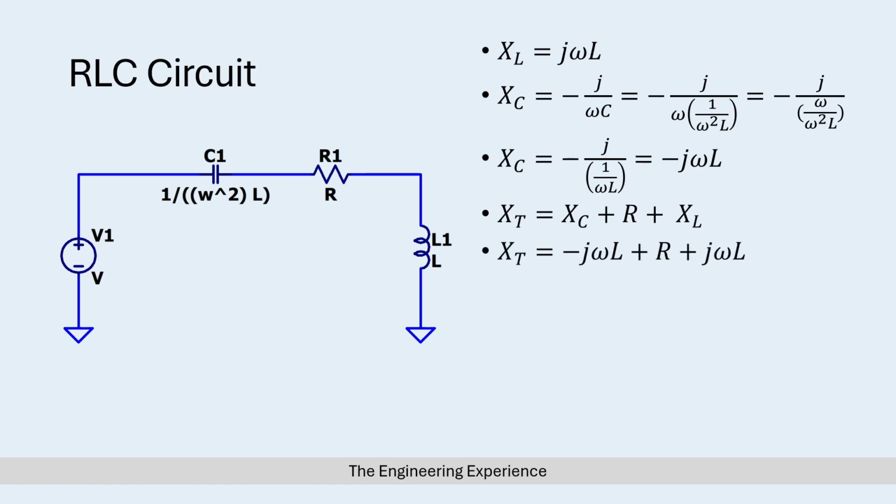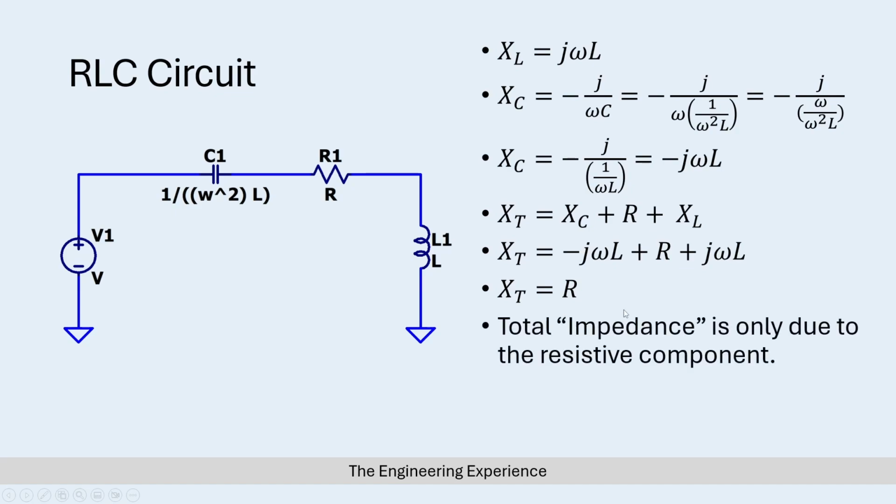If you plug in the numbers from above, our XL is j omega L, our XC is minus j omega L. So we've replaced XC with minus j omega L, we've got the resistance here, and we have the inductance as plus j omega L. The minus j omega L cancels with the plus j omega L, and we end up with the total impedance of the circuit being equal to the resistance in the circuit.